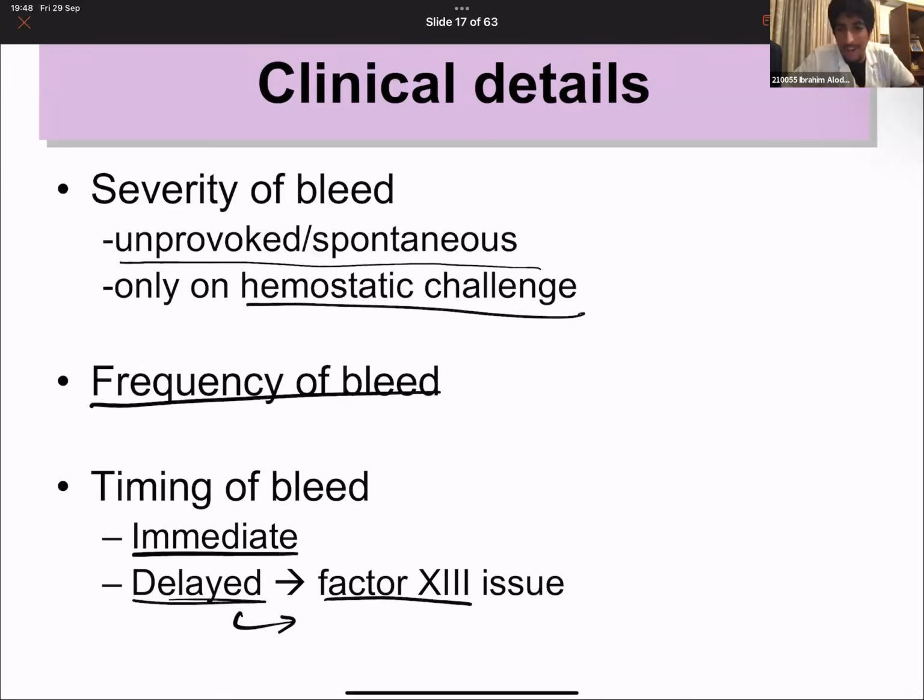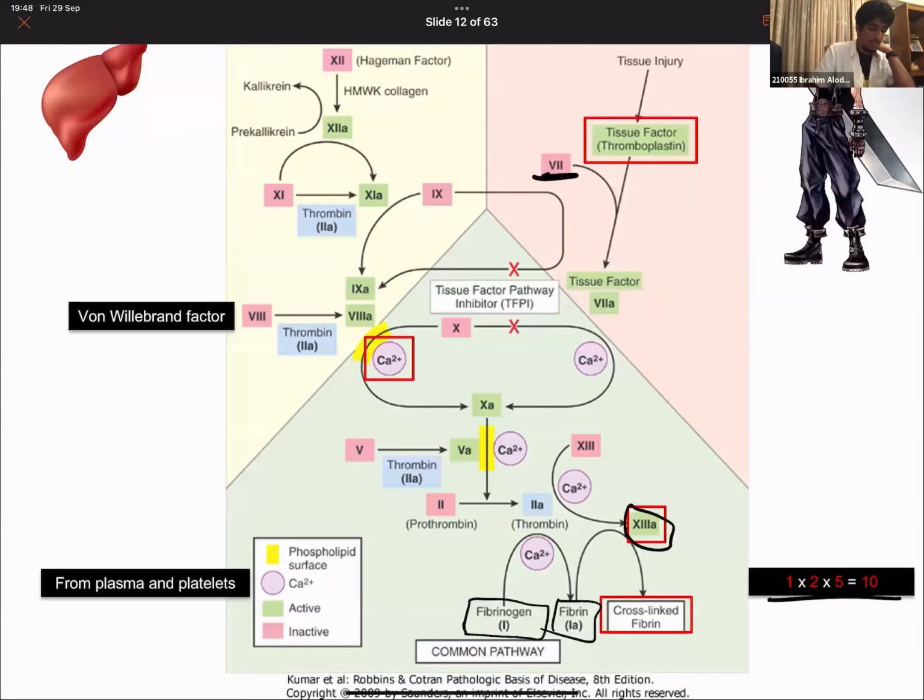Can anyone remind me what factor 13 does? Stabilize, strengthens fibrin. Exactly, Saad. Factor 13's job is to stabilize fibrin. So it's not stabilizing the platelets, it's not activating factor 10. It's making sure that the fibrin clot that's formed is stronger. Okay. So if you have an issue with factor 13, I'm going to go back and show you guys this picture.